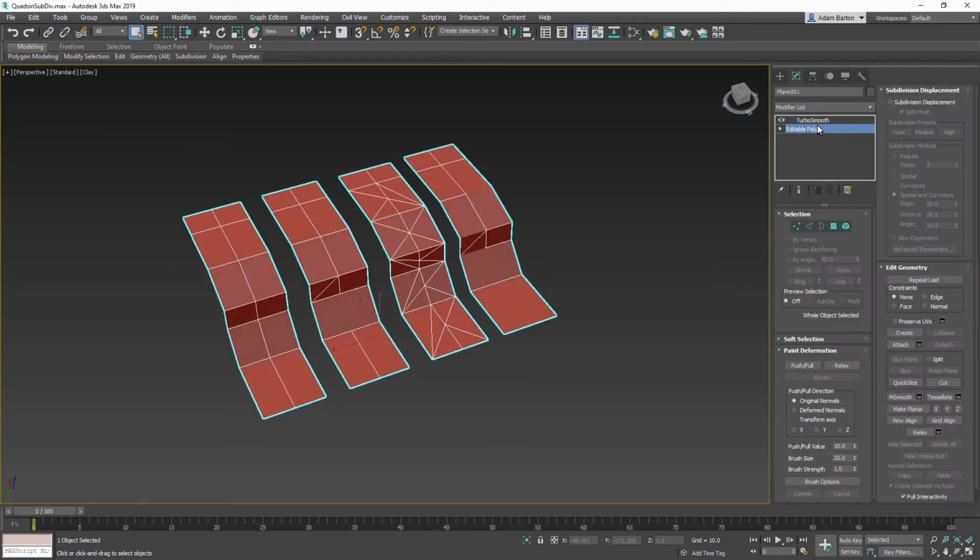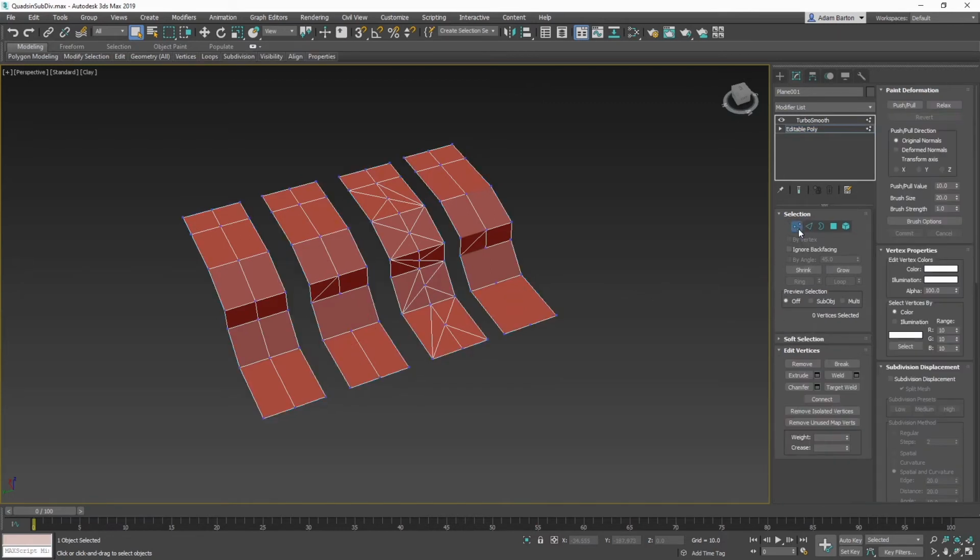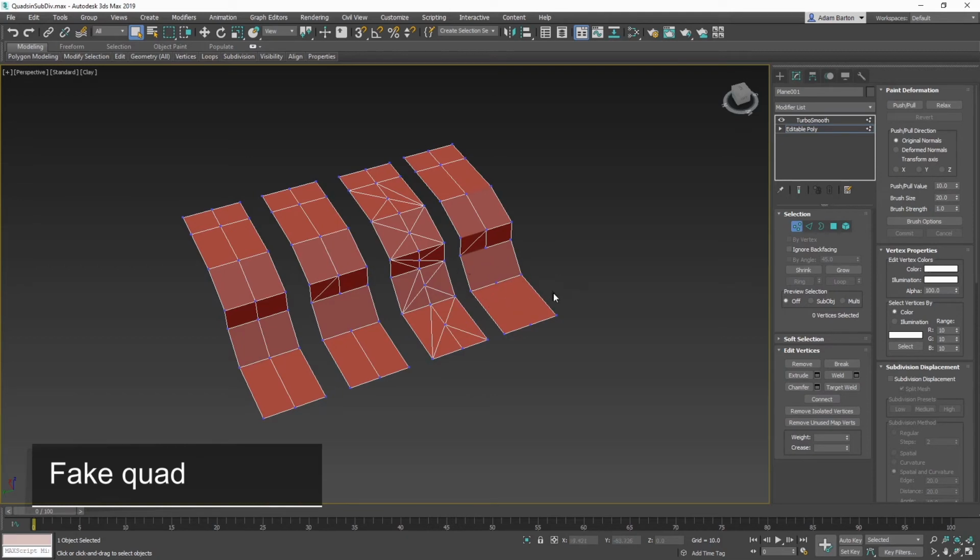If I go back down the stack and look at the edit poly, you can see there's our quads, our triangles sitting here, quads and a whole mess of triangles, and then quads and different variations of n-gons. If I turn on vertex mode, this did look like a quad, but now you can clearly see there are some vertices hidden in here, which means it's actually an n-gon.